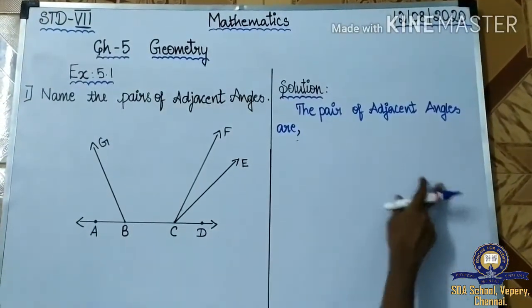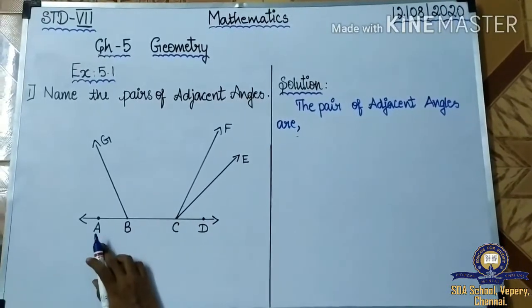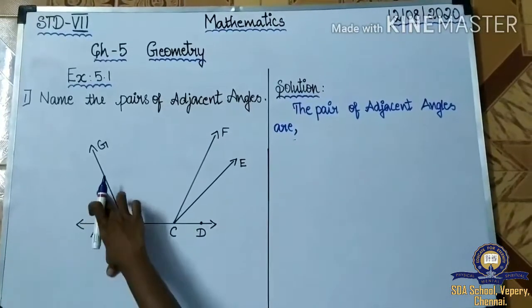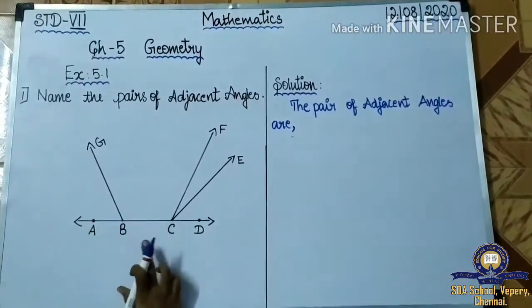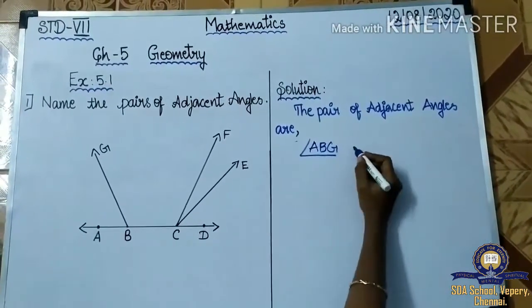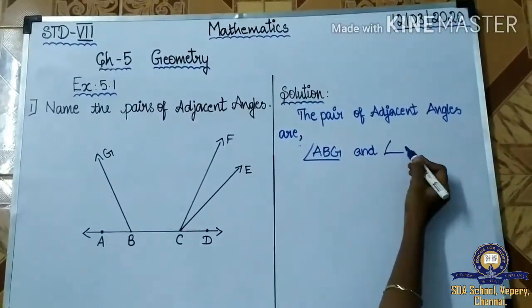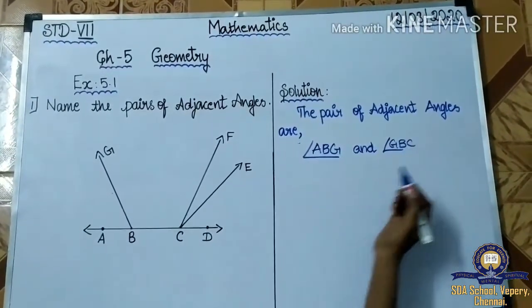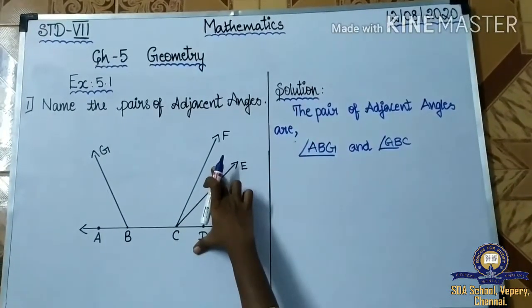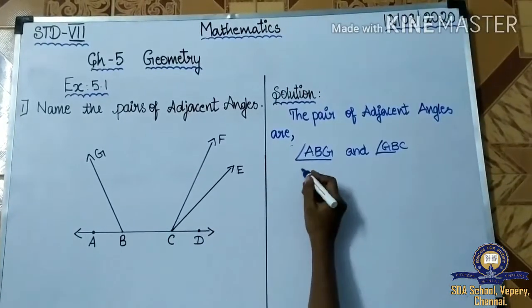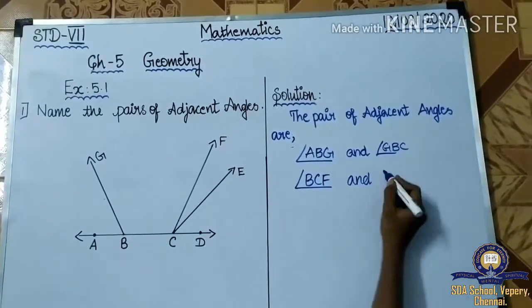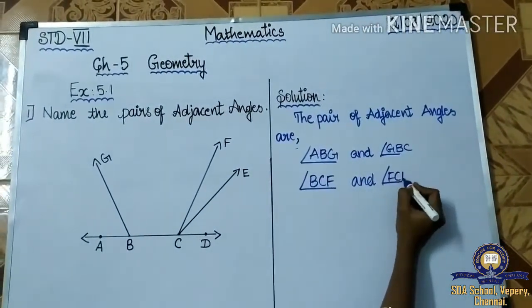The pairs of adjacent angles are: first we take the common vertex B. So, angle ABG is a pair with GBC. You write ABG and GBC. Next, angle BCF is a pair with angle FCE.